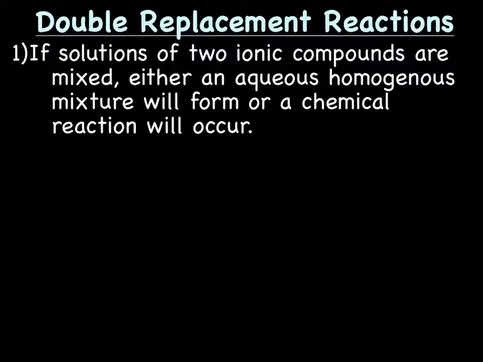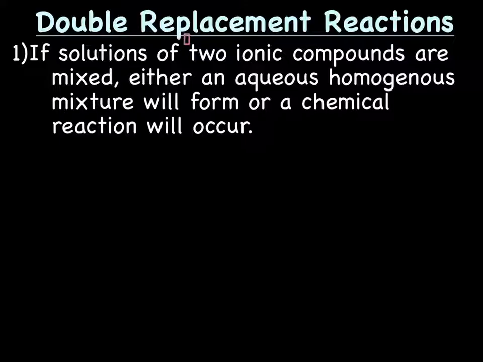Okay, so double replacement or displacement reactions. If solutions of two ionic compounds are mixed, one of two things happens. You'll either get an aqueous homogeneous mixture or a chemical reaction. Let's discuss this sentence for a moment.